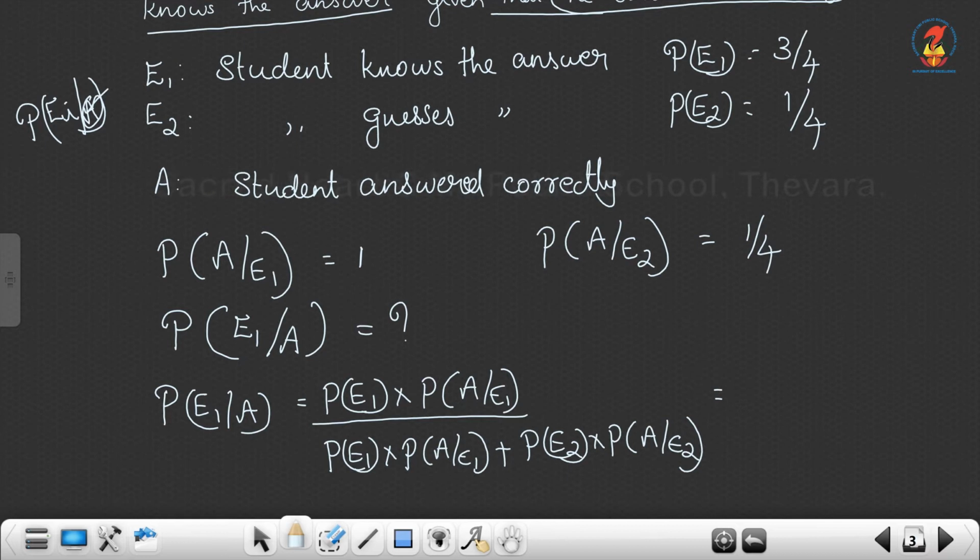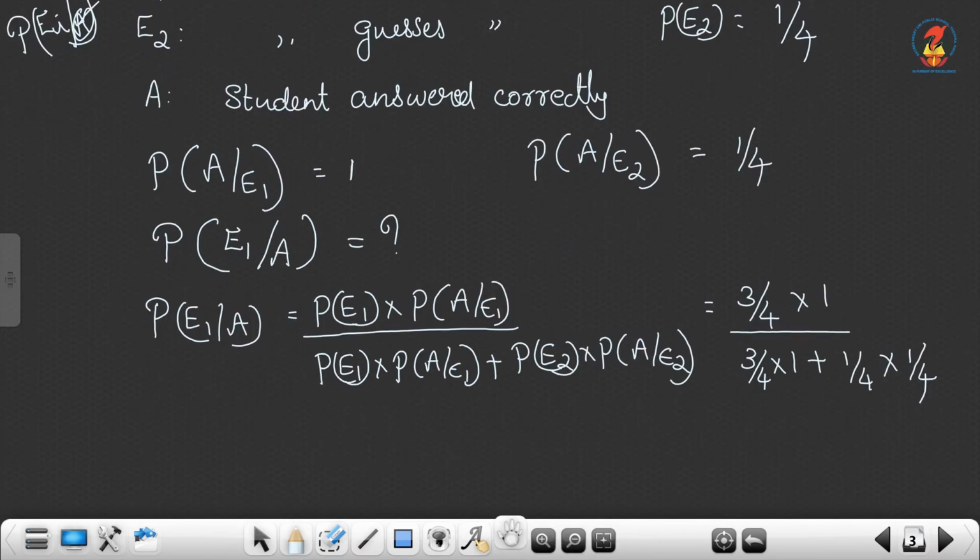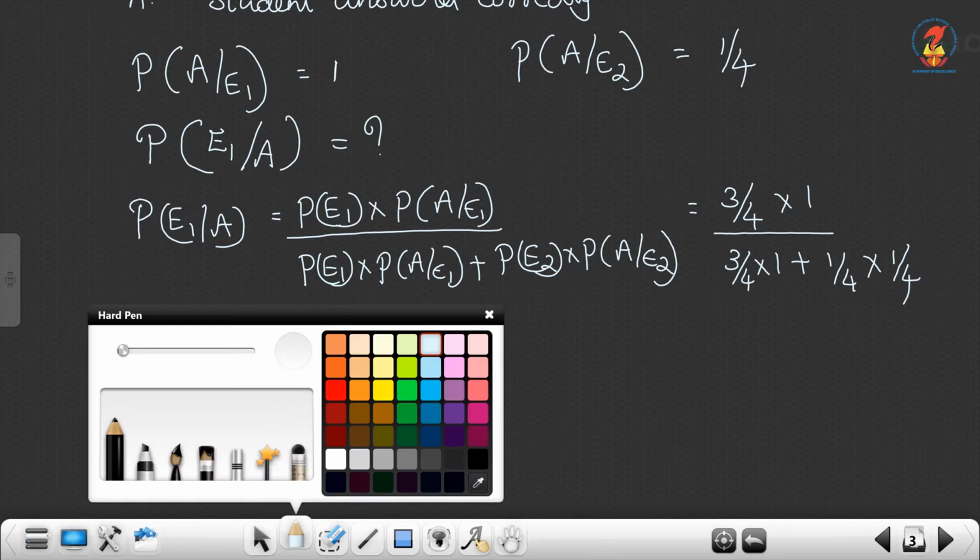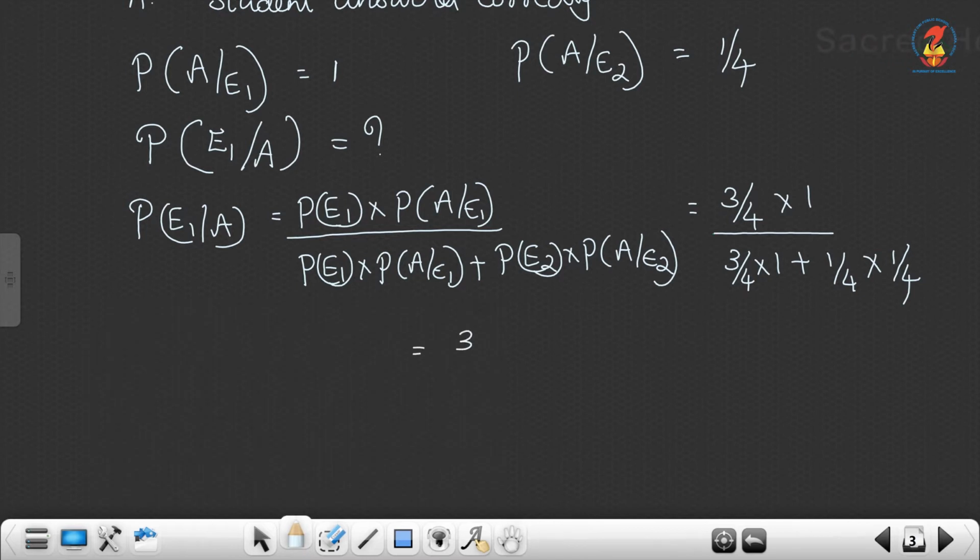Now P of E1 means 3 by 4, into A given E1, that is 1. Then again 3 by 4 into 1 plus 1 by 4 into A given E2, that is also 1 by 4. Okay. Now simplify. So it is 3 by 4 by 3 by 4 plus 1 by 16.